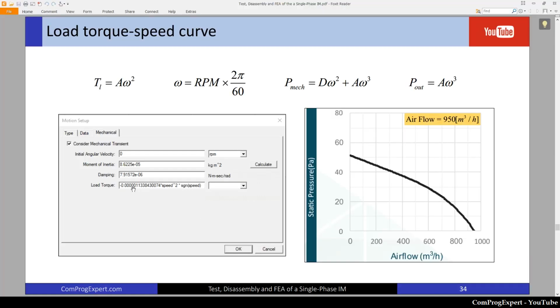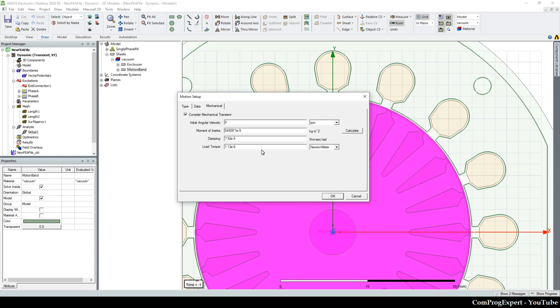So we should implement a parametric equation here. Actually, the speed is an intrinsic parameter in the ANSYS Maxwell software. So I multiply this by speed squared. The unit of the speed here is radian per second.